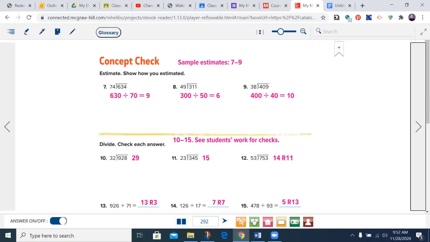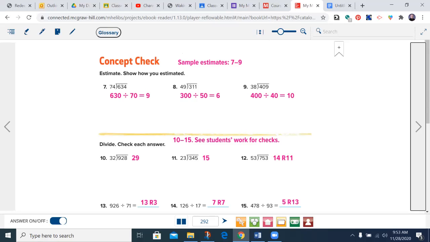So you could go 630 divided by 70 is equal to 9. And we did that because 7 goes into 63 pretty equally. Number 8, 311 divided by 49. The easiest one is 49 is pretty close to 50, and 31 is pretty close to 30. So we went 300 divided by 50, which is 6.